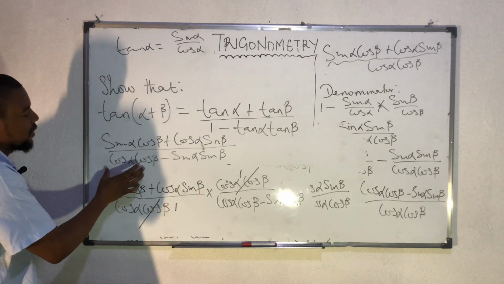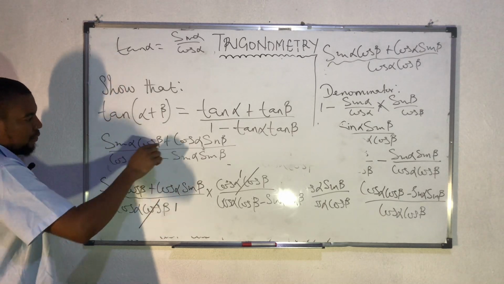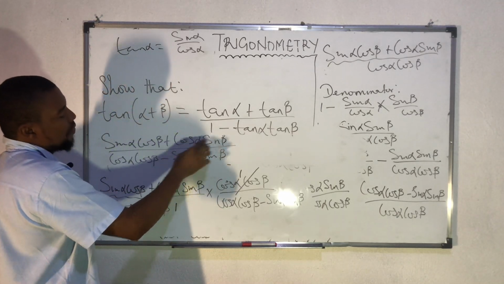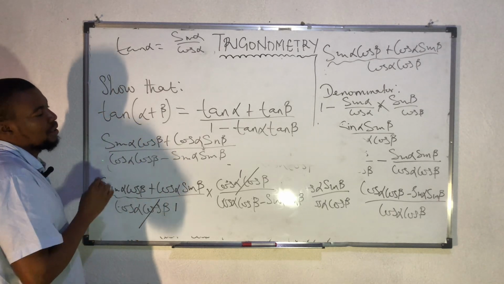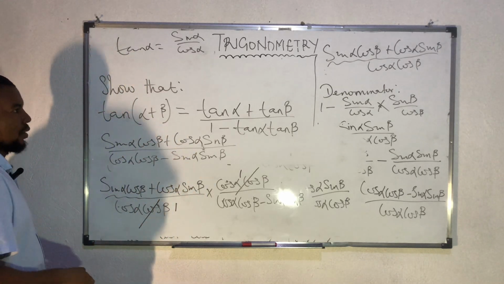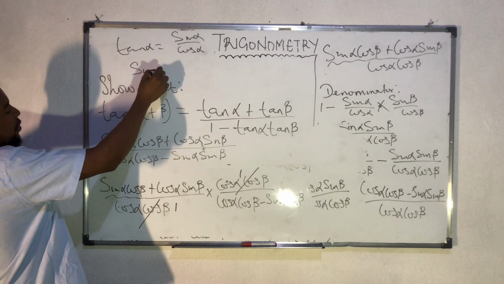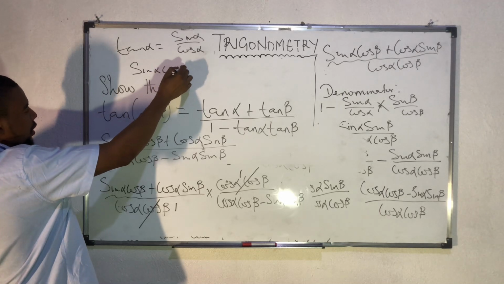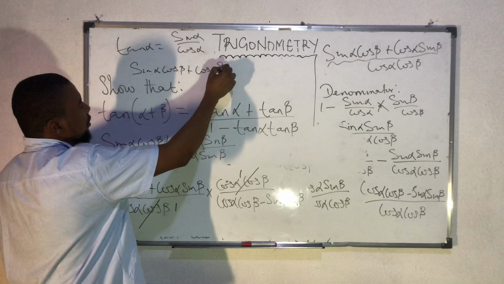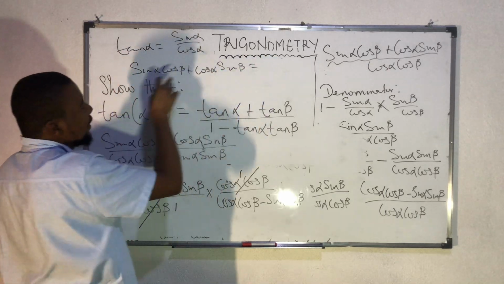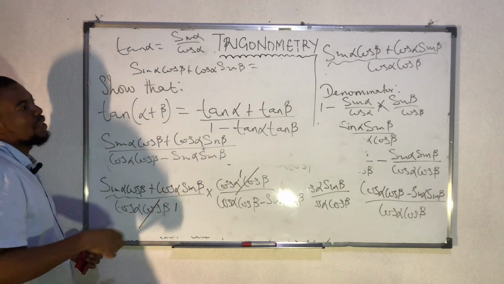Well, here we've seen that we have sine alpha cos beta plus cos alpha sine beta. This is a sum and difference formula. It's an identity. And if we have sine alpha cos beta plus cos alpha sine beta, this is an identity that is called sum and difference formula.